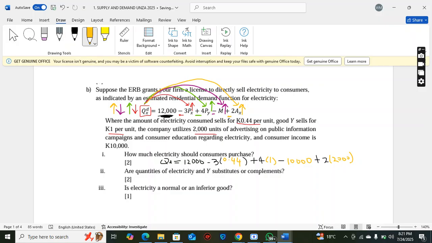So we get 6,002.68. Okay, units basically, because I believe the unit for this electricity is just units. So 6,002.68. Any questions?